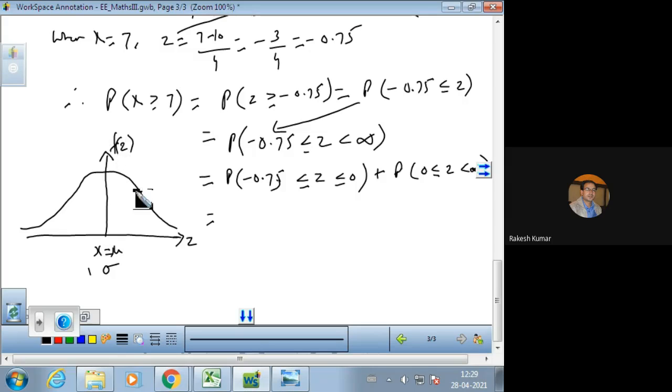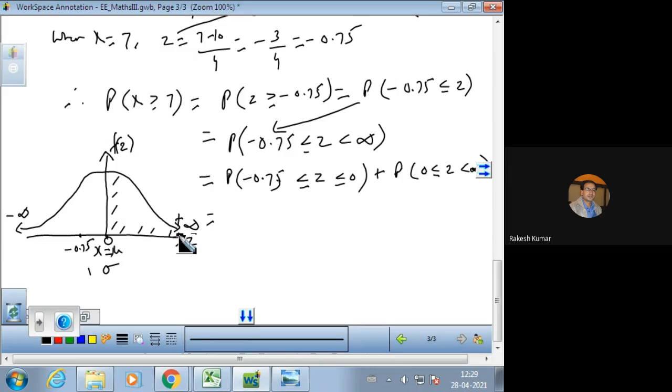Let us assume this is the point, this is negative 0.75, negative 0.75 to 0, this is the 0 point. So from this point to this point plus 0 to infinity, 0 to infinity is on this side, this is plus infinity and this should be negative infinity. तो ये तो total area हमारे पास है ही, this is the area we have.